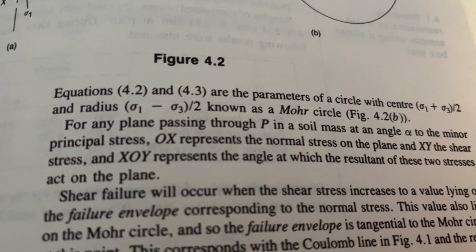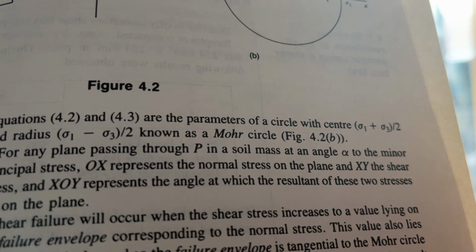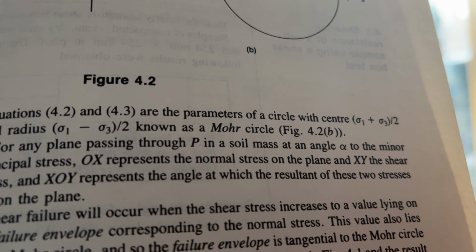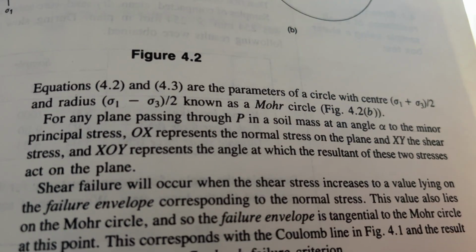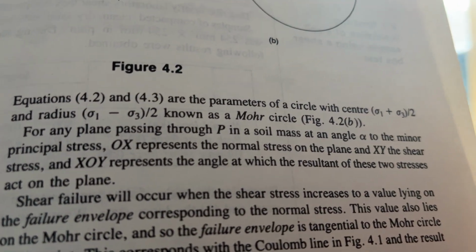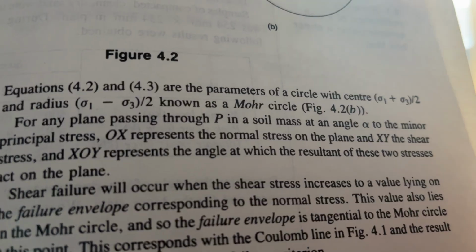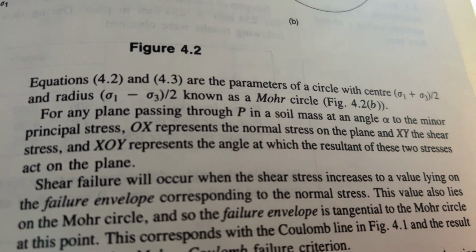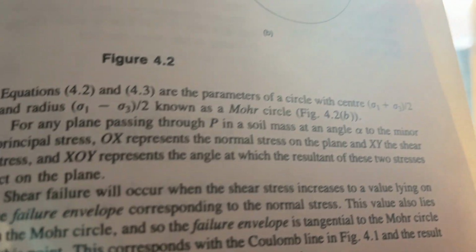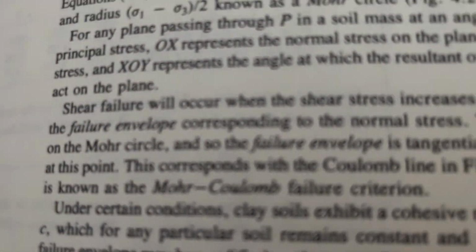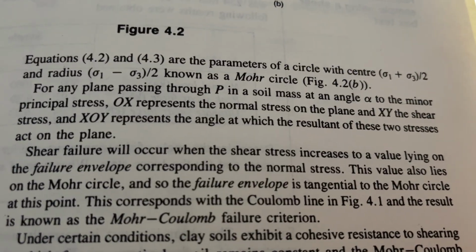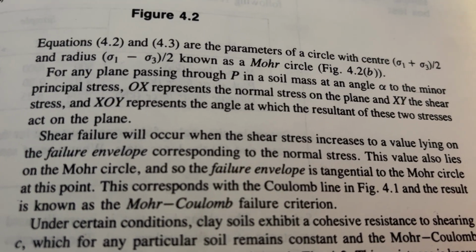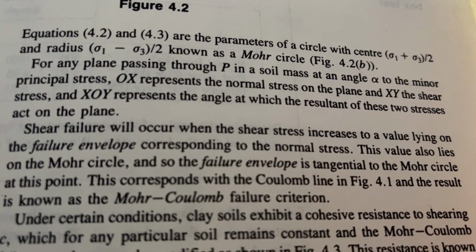For any plane passing through P in a soil mass at an angle of gamma to the minor principal stress, OX represents the normal stress on the plane, and XY the shear stress, and XOY represents the angle at which the resultant of these two stresses acts on the plane. Shear failure will occur when the shear stress increases to a value on the failure envelope corresponding to the normal stress.